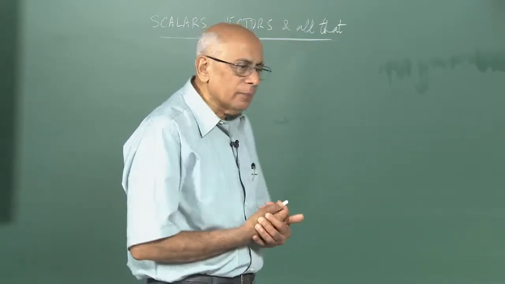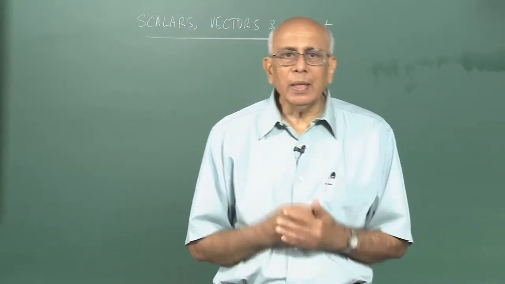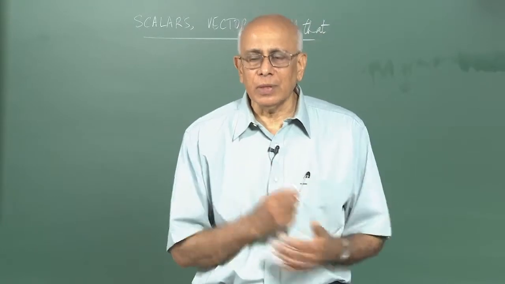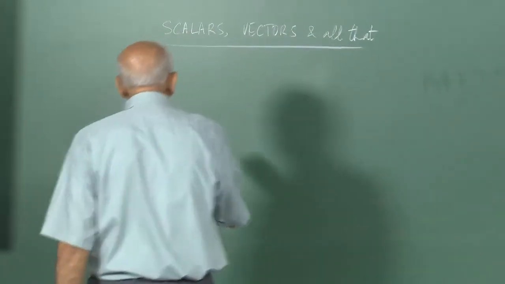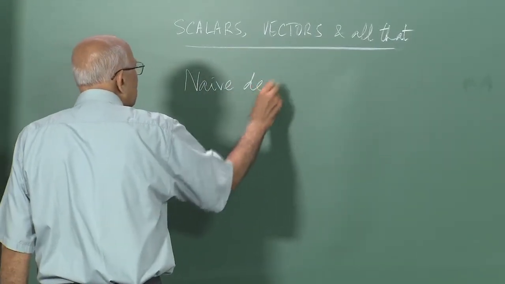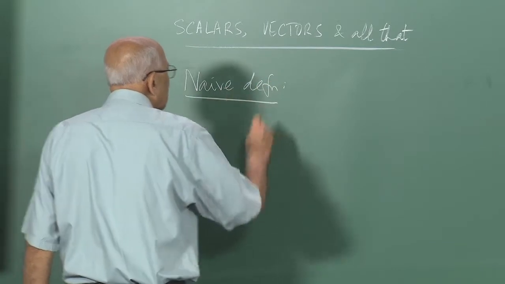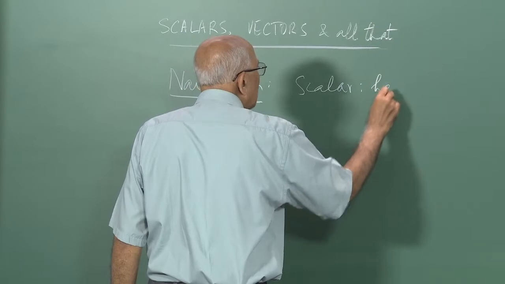Okay. First, you would have heard of what a scalar is and what a vector is, and let me recall the high school definition of these quantities, the naive definition of it. So the naive or simple minded definition says the following: a scalar has only a magnitude.